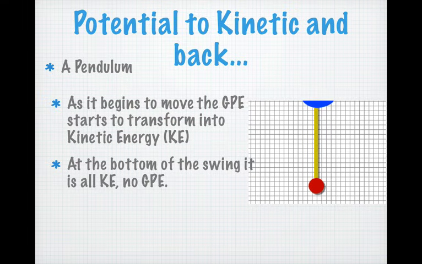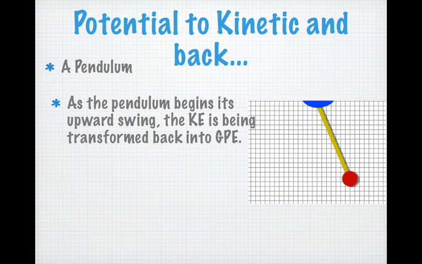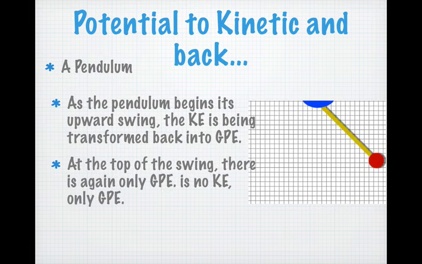In a moment we'll take a look at this in motion. Now as the arm begins to swing upwards, the kinetic energy is being transformed back into gravitational potential energy. And again, when it reaches the top of its swing, it's all potential energy and there is no kinetic energy there.